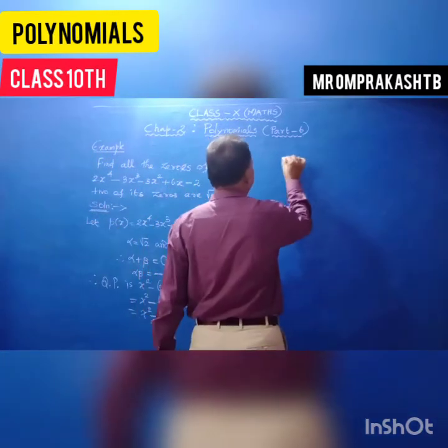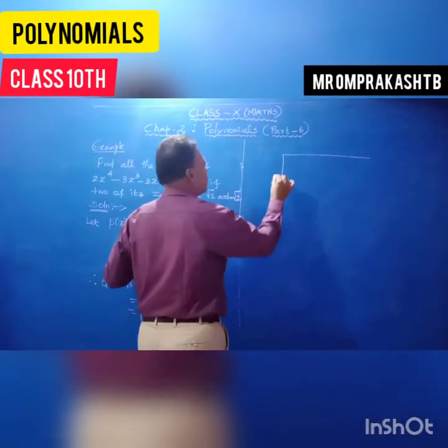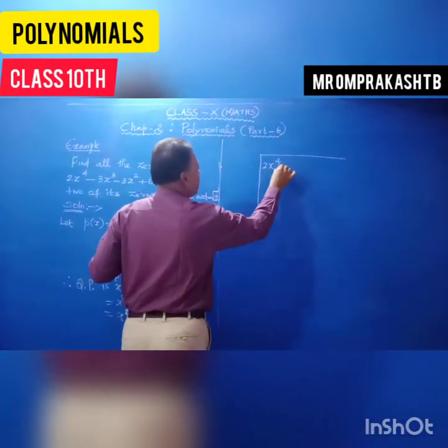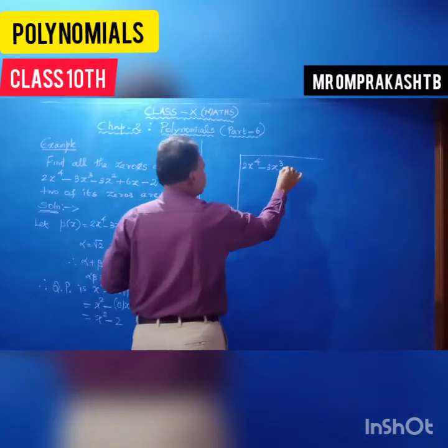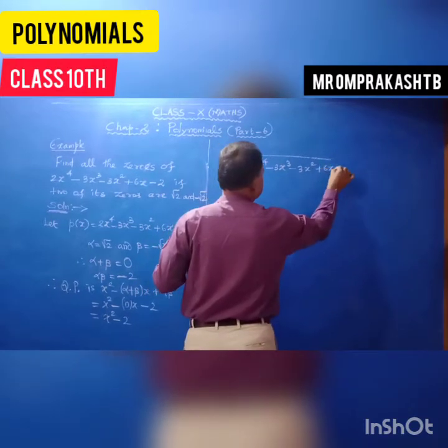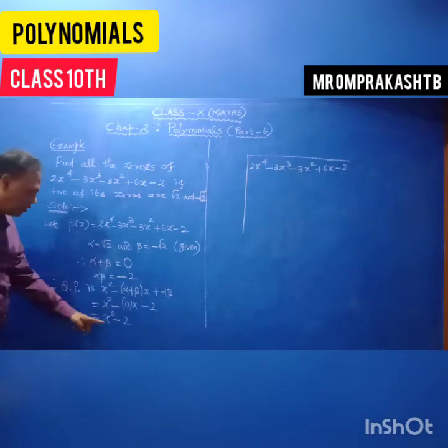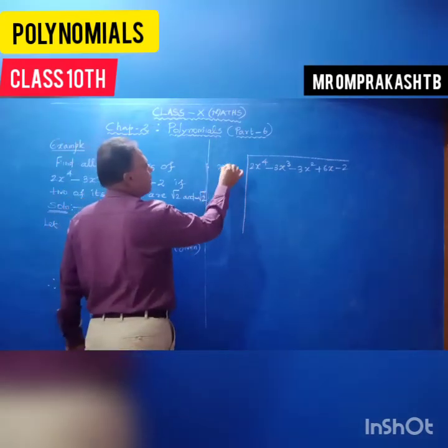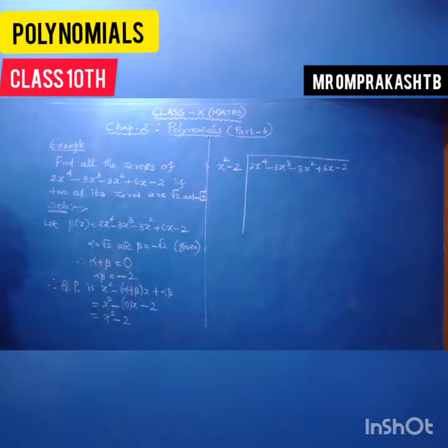So divide it. Write this polynomial: 2x power 4 minus 3x cube minus 3x squared plus 6x minus 2. Okay. Now x squared minus 2 right here. Understand? Now we have to find out the quotient.